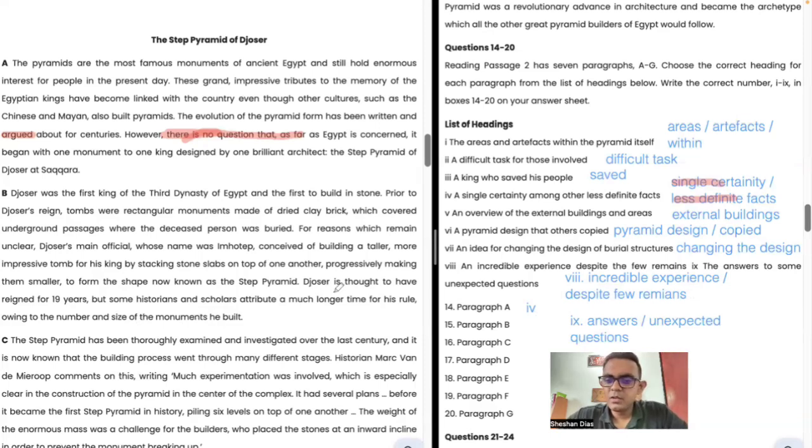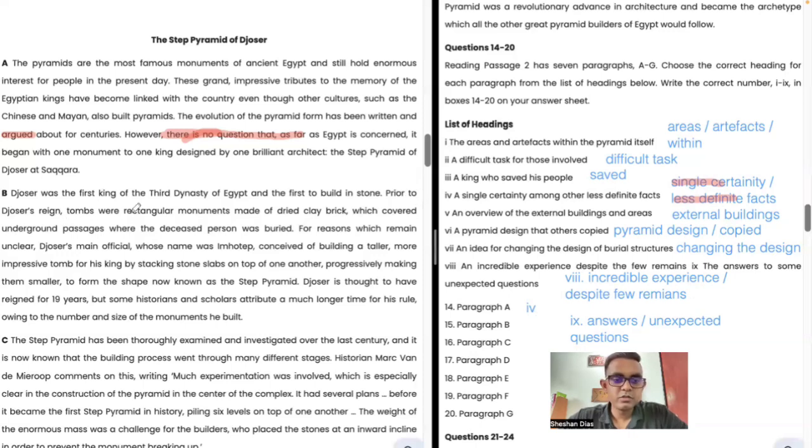Are any of our keywords here? Pyramid design, no. So these two are certainly out. We don't have to look at these again. Saved, difficult task, no. So after reading the first line and the last line, we haven't been able to find a particular keyword. Therefore, let's quickly skim through the rest of the paragraph.